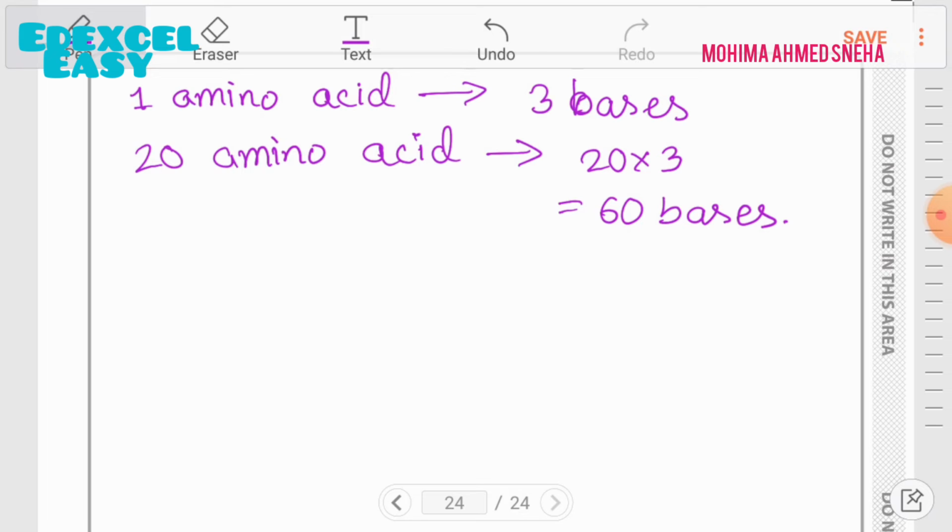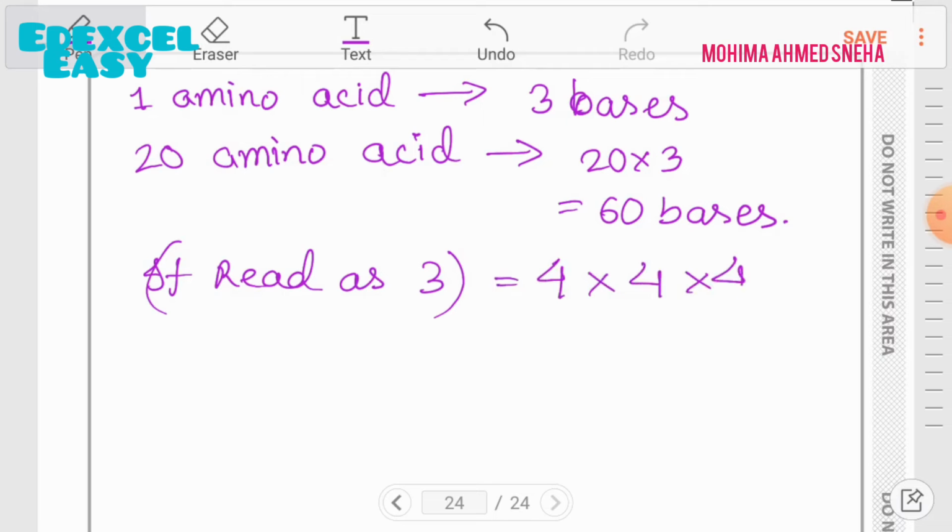Now as there are 4 different types of bases in DNA, the 4 different types of bases will arrange themselves in different formats. So now, if we consider it forms 3 bases per amino acid, it will be 4 into 4 into 4.